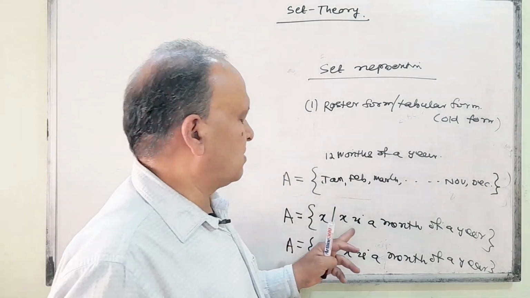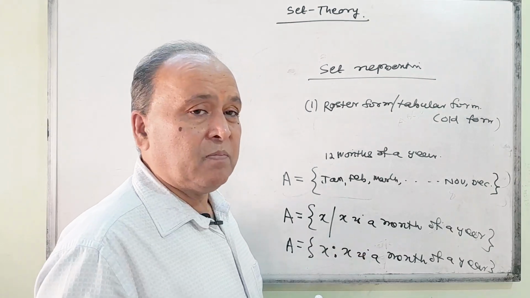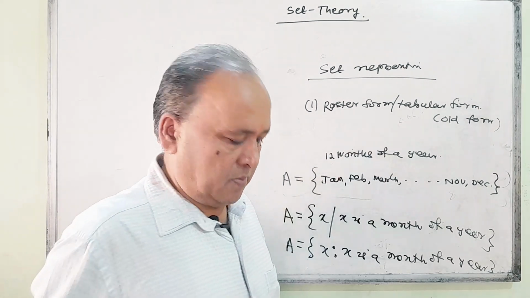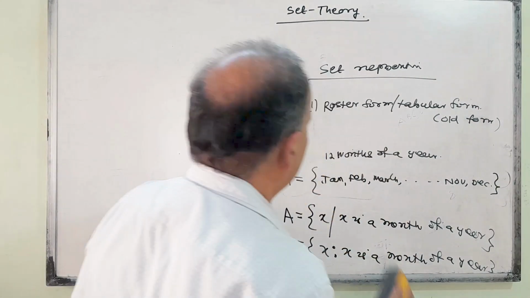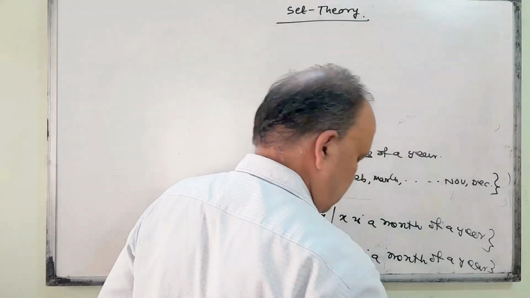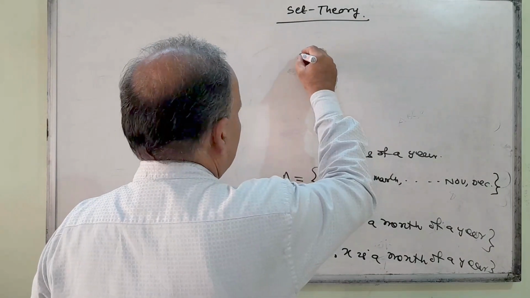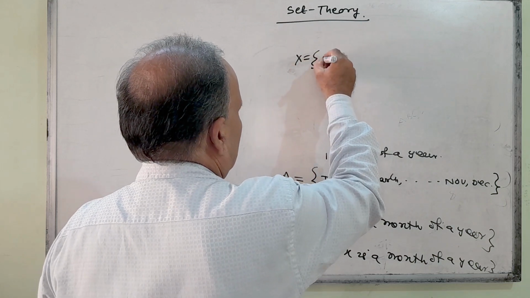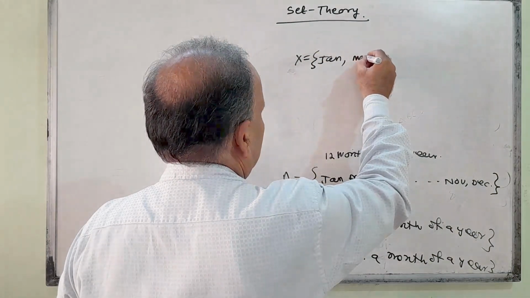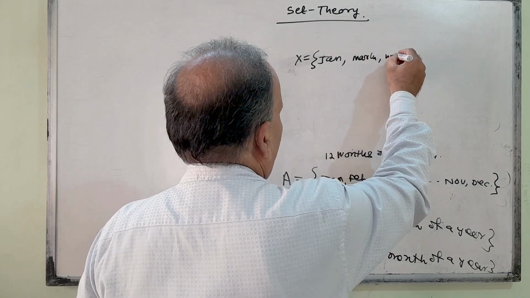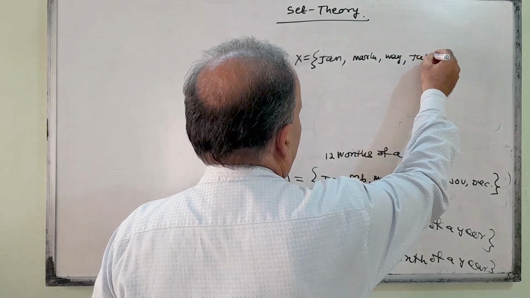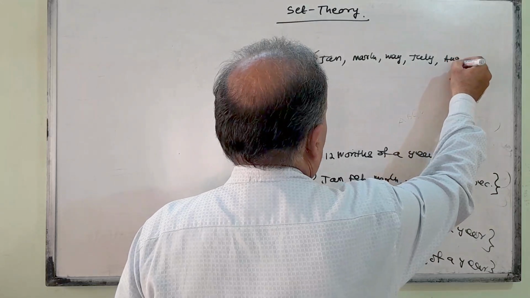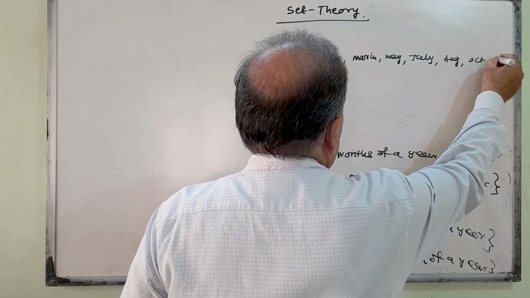Questions will come in set builder form; you write it in roster form. Again, I am giving you another example. Suppose it is given X is equal to January, March, May, July, August, October, December.